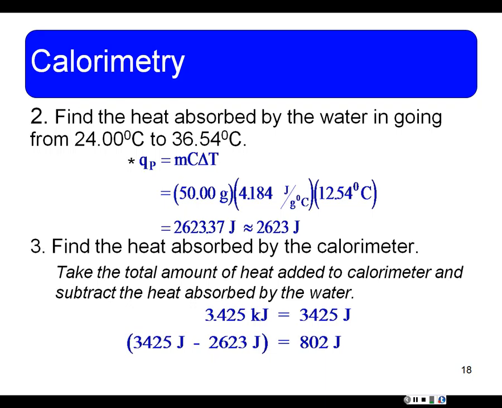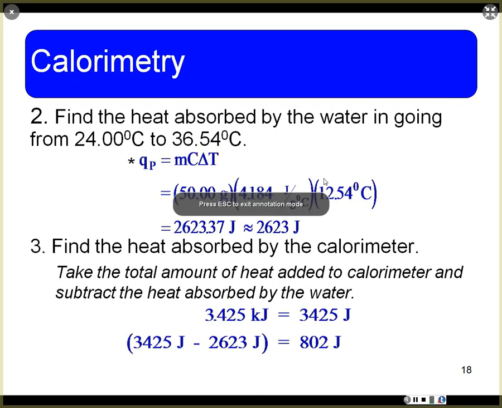We're using QP, which means constant pressure. You may even want to write Q solution so you don't get the two confused. You're finding the heat of the solution first. So we take our 50 grams of water times our 4.18. Notice how all of our units cancel, grams and degrees C, because remember, Q has the units of what?